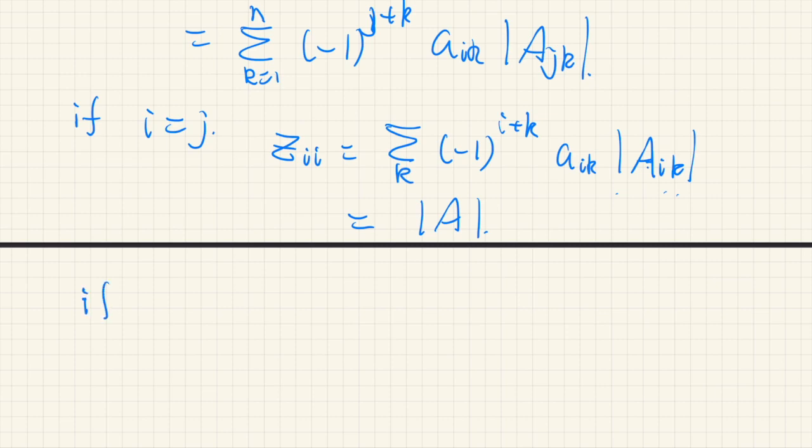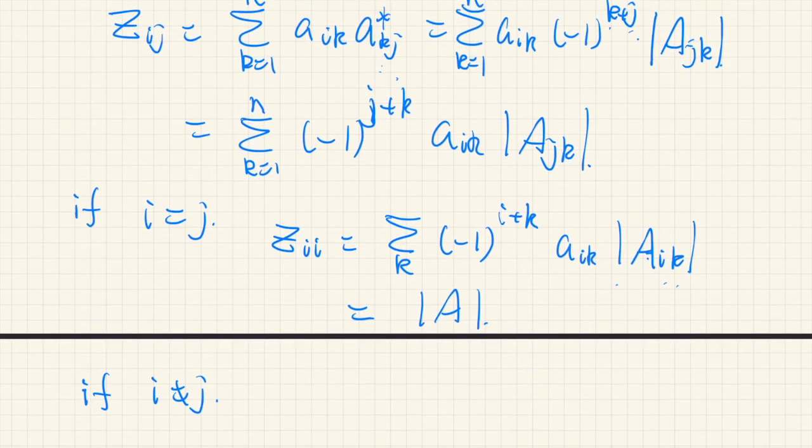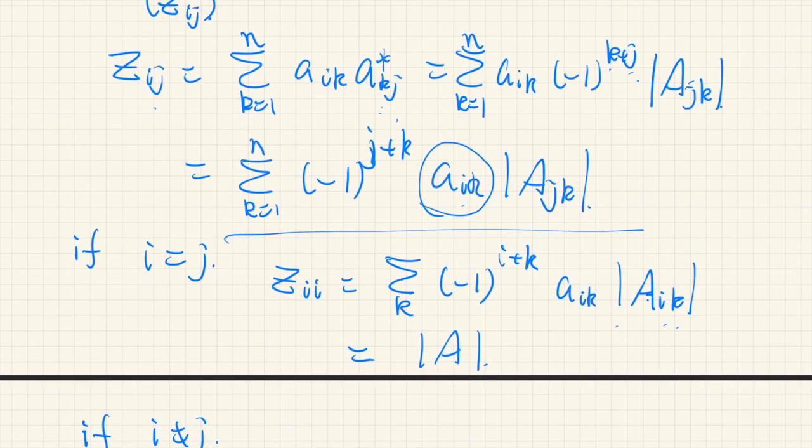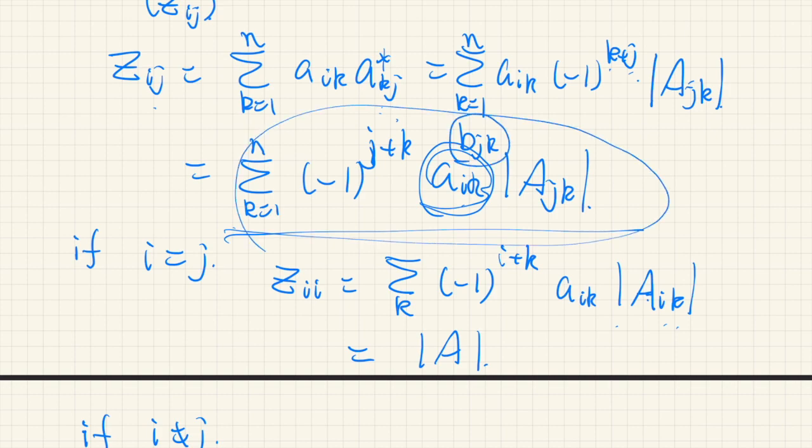And if i is not equal to j, then what happens? So we have this, and i and j are different, but this is the determinant of a matrix where the ith row and the jth row are the same, right? So i and j are fixed here, so just write this as like bjk, and then it's a matrix determinant where the jth row is this, but it happens to be the same as the ith row.